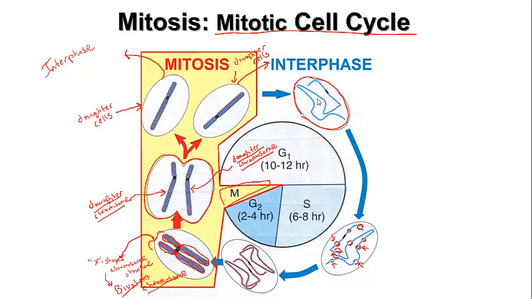That's all that changes, but all the way through, we always retain a total number of 46 chromosomes. Within those 46 chromosomes, there are 23 distinct types of chromosomes. For each different type of chromosome, there are 2 homologous chromosomes. That all remains the same throughout the entire mitotic cell cycle.